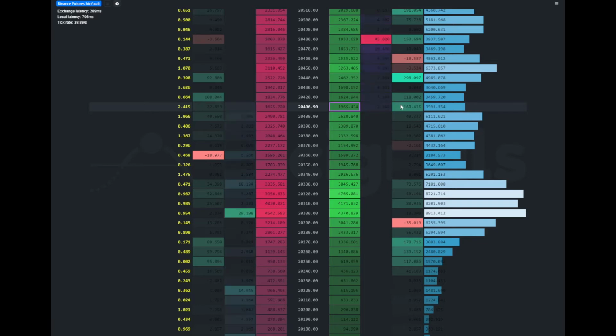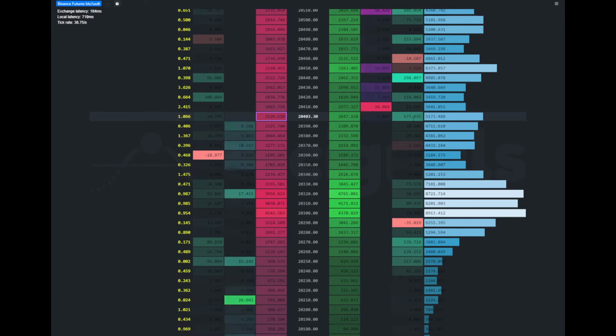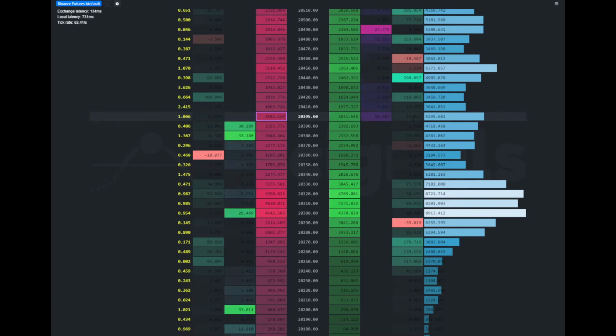As you can see here, these are the offers that are being added as buyers are hitting the market. It's kind of aggressive at this point. As we see these greenish, tealish rectangles fill up with orders, that's offers being placed onto the ask as buyers hit the market.